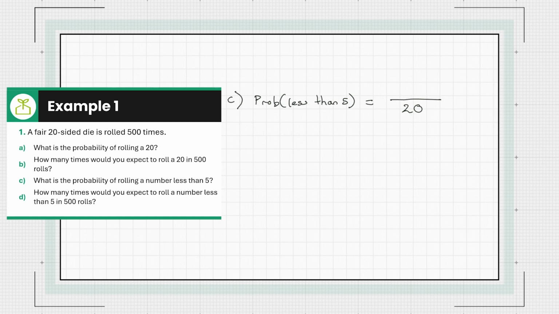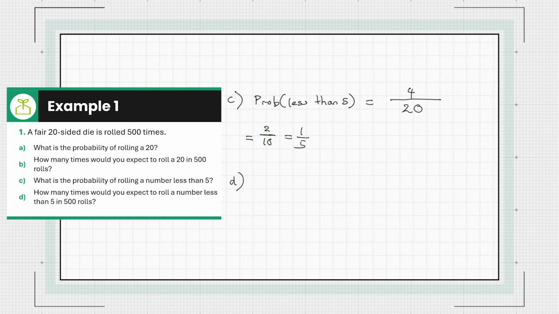How many results are going to be less than 5? Well, there's only 1, 2, 3, and 4. So there are only 4 favorable outcomes out of 20. So the probability is 4 out of 20, and we can reduce that if we would like to. If we divide both by 2, it becomes 2 out of 10, and then we can simplify that further until it becomes 1 out of 5.